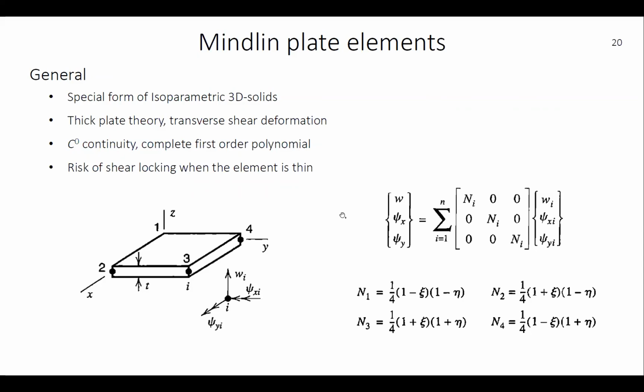So again, we start by looking at a four-noded plate element, with the z direction positive upward, and the same degrees of freedom: out of plane displacement w, and rotations θx and θy.